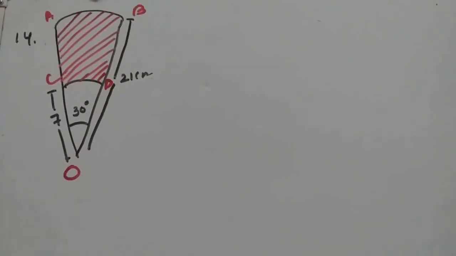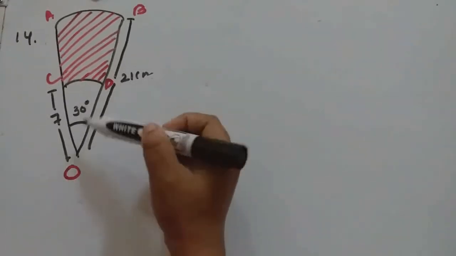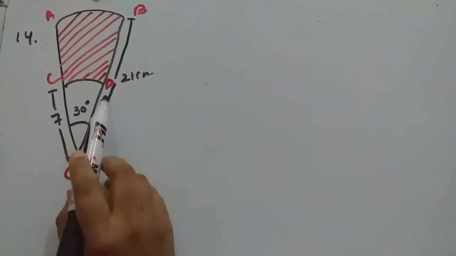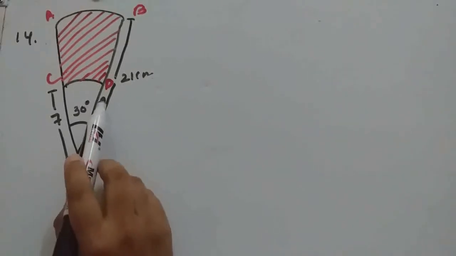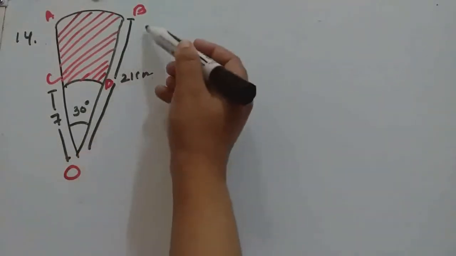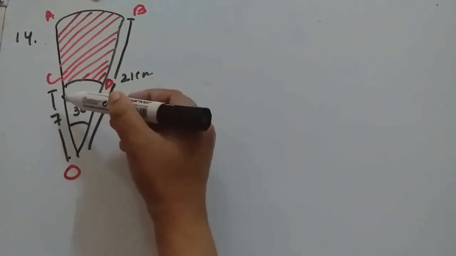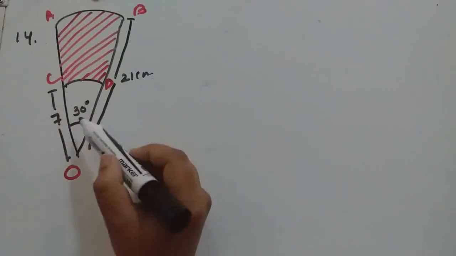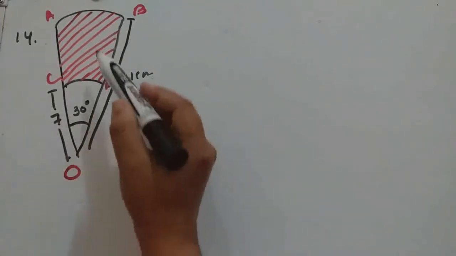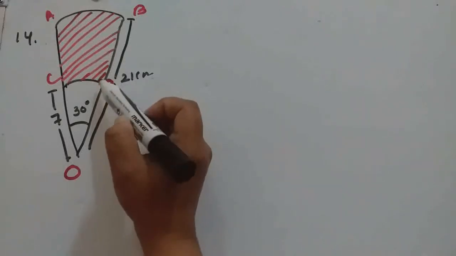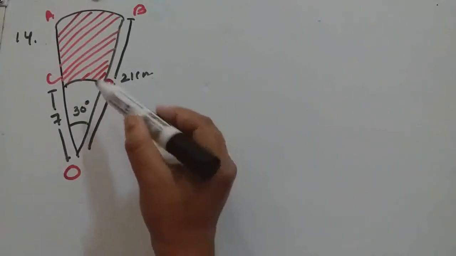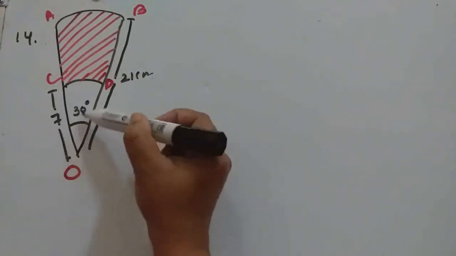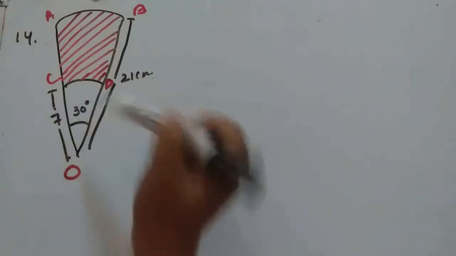Question number 14. AB and CD are respectively two arcs of two concentric circles, radii 21 centimeter and 7 centimeter. Center is O. AOB is 30 degrees, so we have to find the area of the shaded region. Here we can find it by subtracting the area of the smaller sector from the area of the big sector.